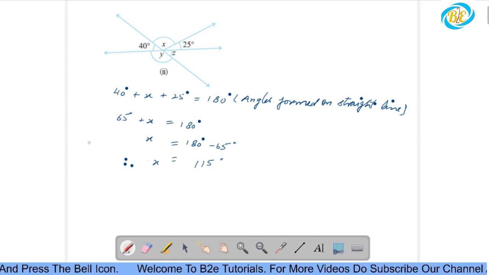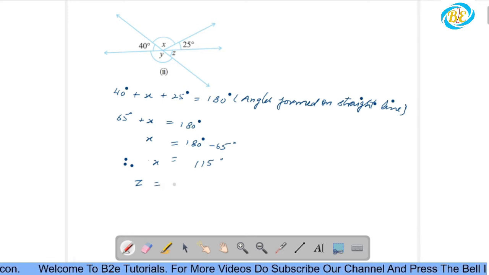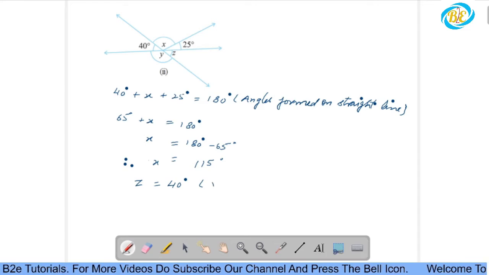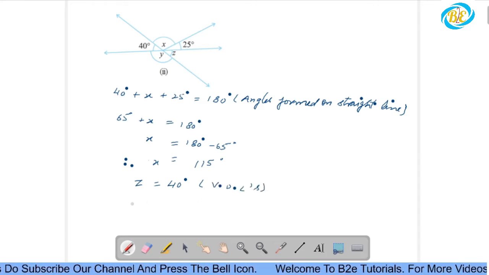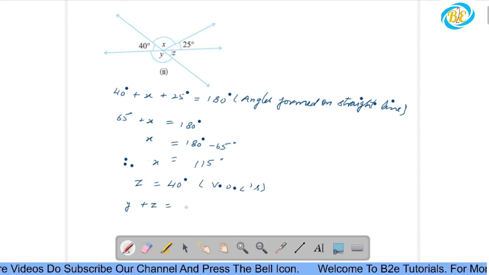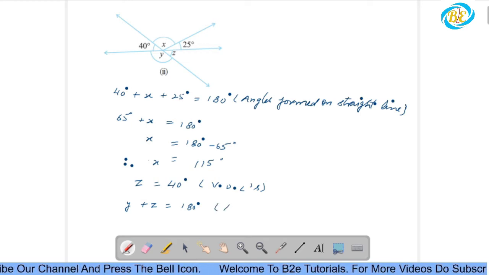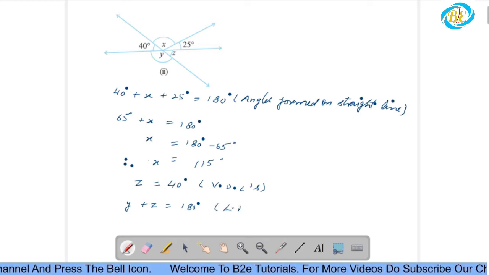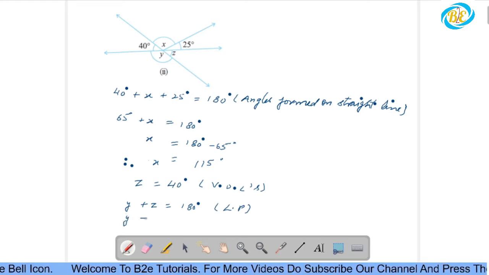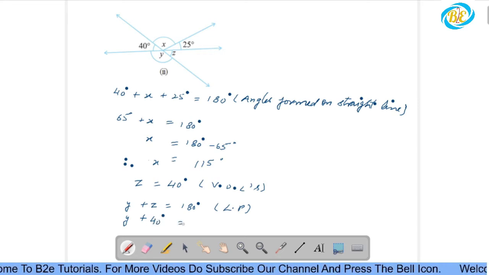Now z equal to 40 degree, vertically opposite angles. Y plus z equal to 180 degree, linear pairs. Y plus z is 40 degree equal to 180 degree.